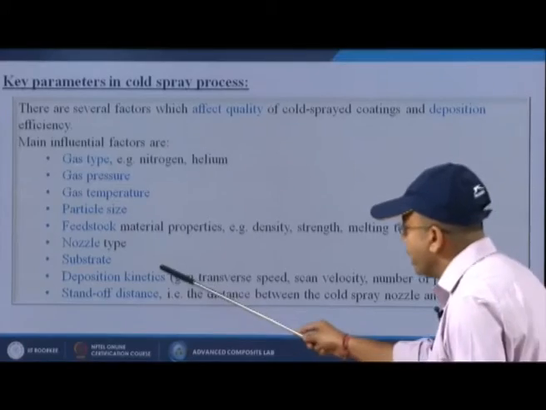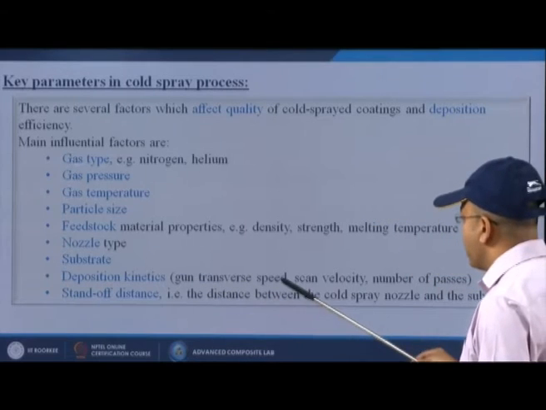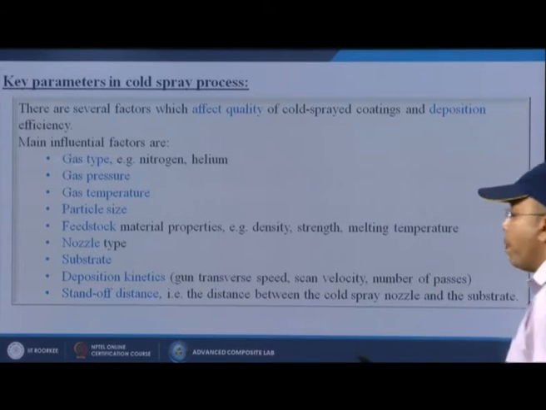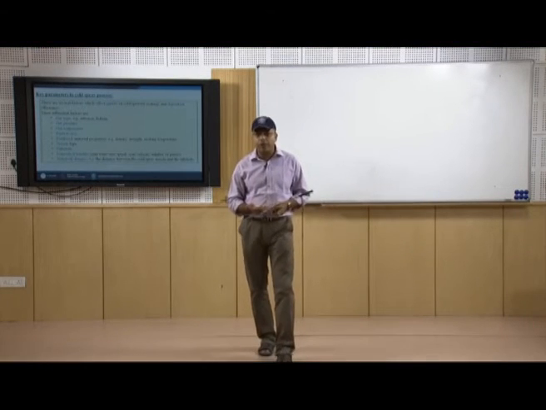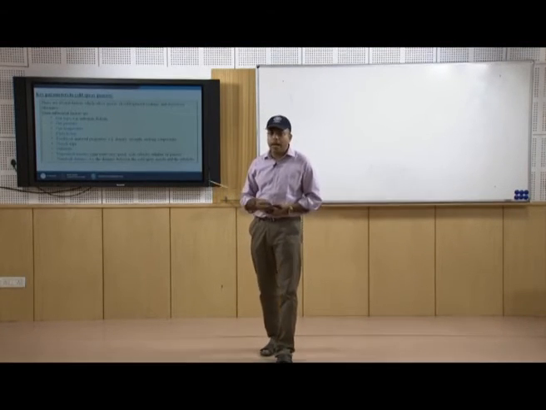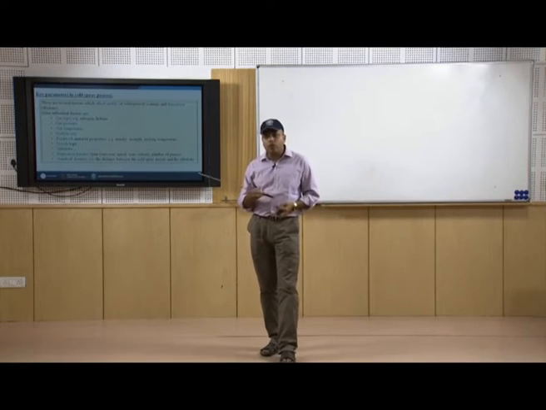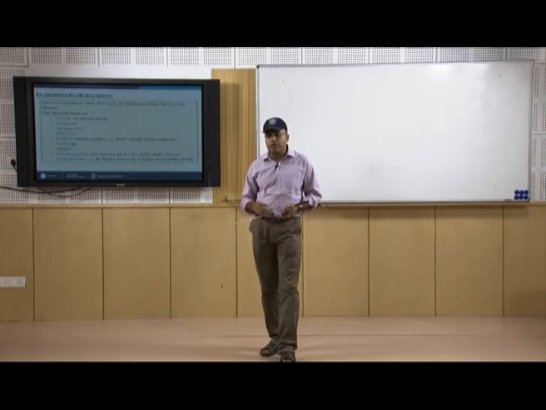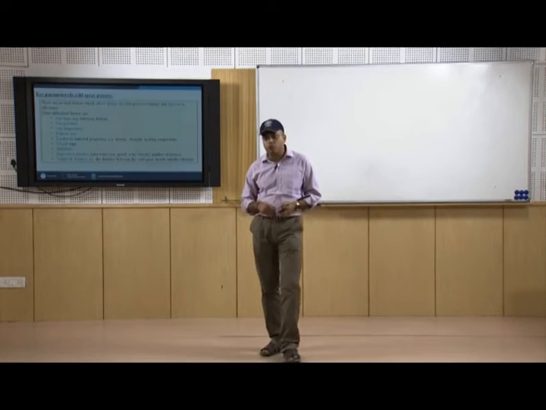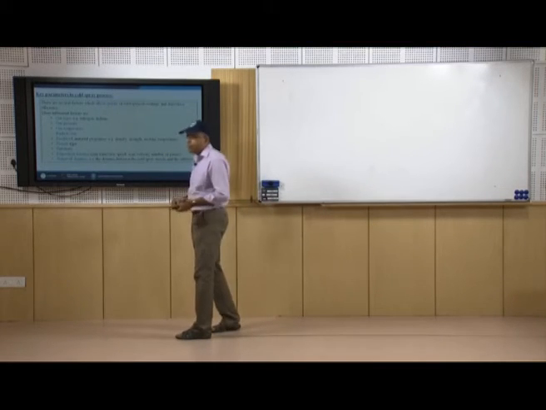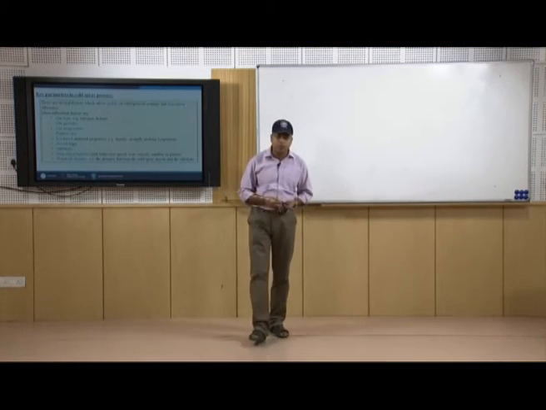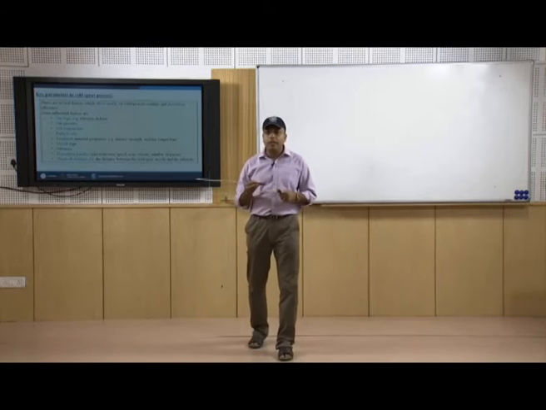Next is the deposition kinetics: gun transfer speed, scan velocity, number of passes. It means if we want to increase the thickness of the coating, several times we have to scan our gun onto the substrate, so that layer by layer the coating thickness will be increased, so that the overall coating thickness will be increased. And the last is the stand-off distance. Stand-off distance is nothing but the distance between the nozzle and your substrate.